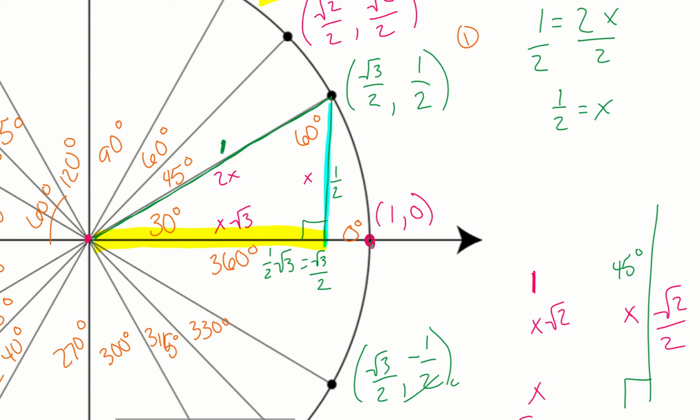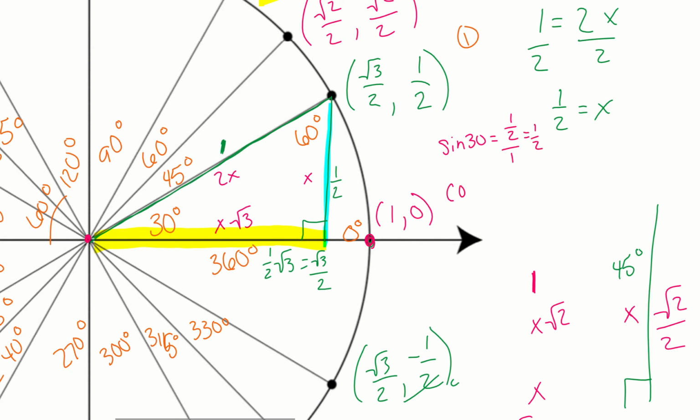All right, so first, let's go ahead and talk about sine. So sine of 30 is going to be opposite over hypotenuse. So my opposite is 1/2, over 1, which is just 1/2.